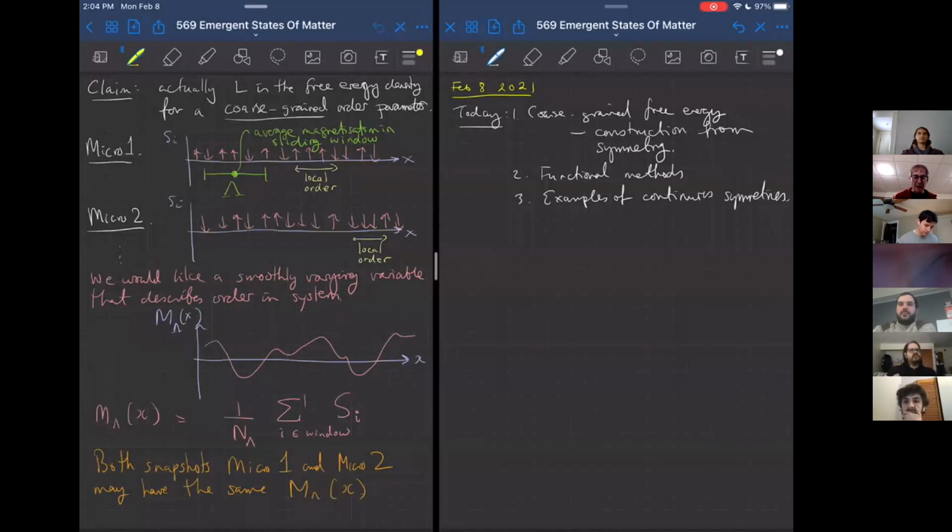So last time we talked about the idea of different microscopic spin configurations, as shown here on the left board.